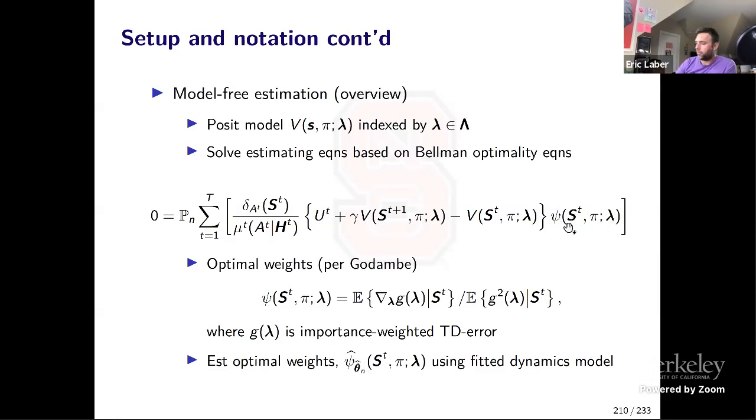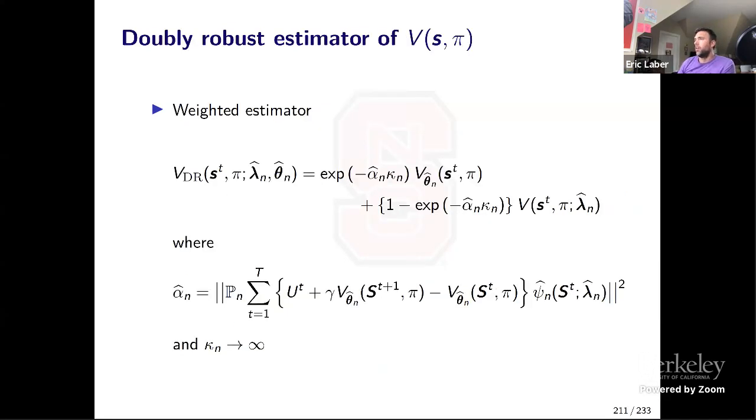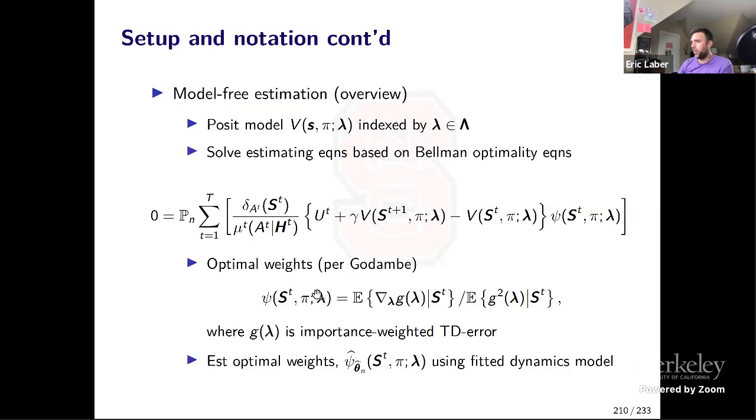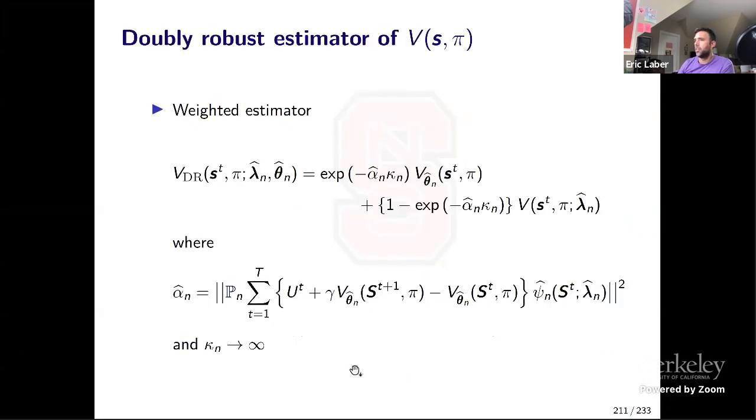Okay. So now how do we combine these two things? What we're going to do is look at a weighted estimator of this value function. It takes as input s and pi. We have lambda hat, which is a solution to this with these estimated weights, psi of theta hat.